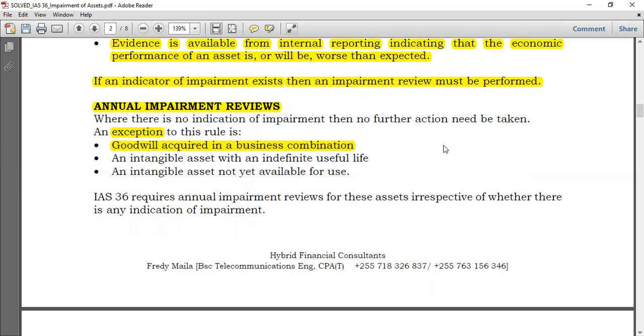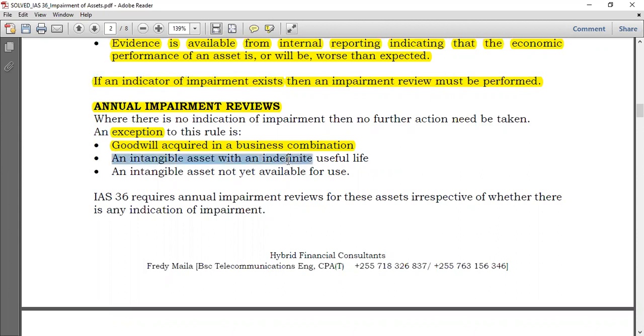When consolidating financial statements, when combining the results of different entities of the same group, we usually form goodwill. Goodwill acquired in a business combination always requires an impairment review at the end of each period, at least. You must perform an impairment review. No need to check for indicators of impairment. I hope you got me.